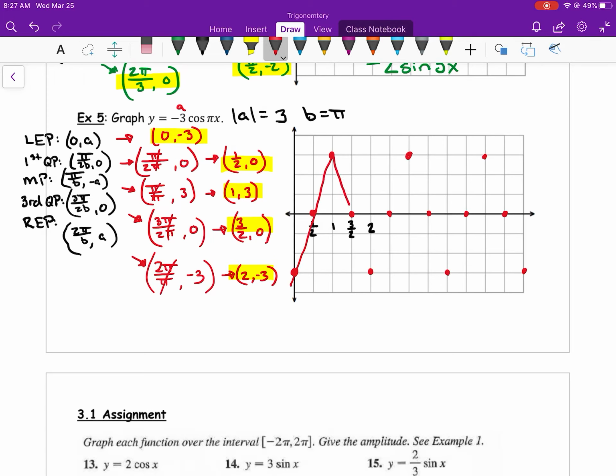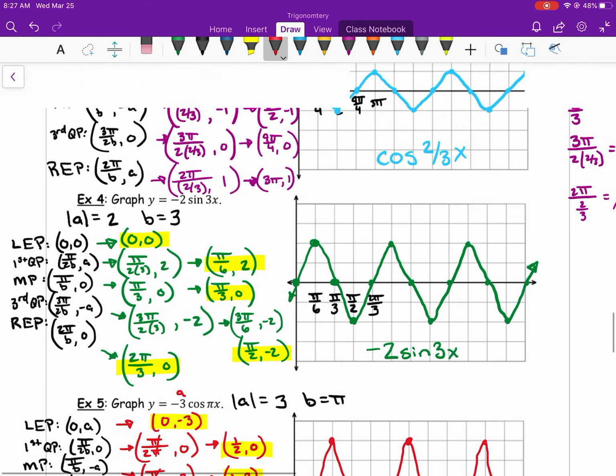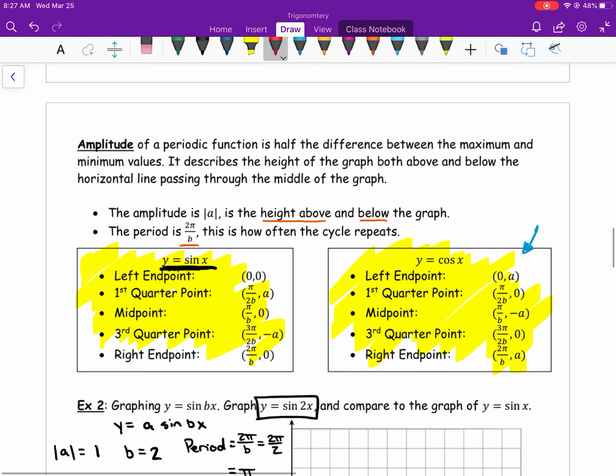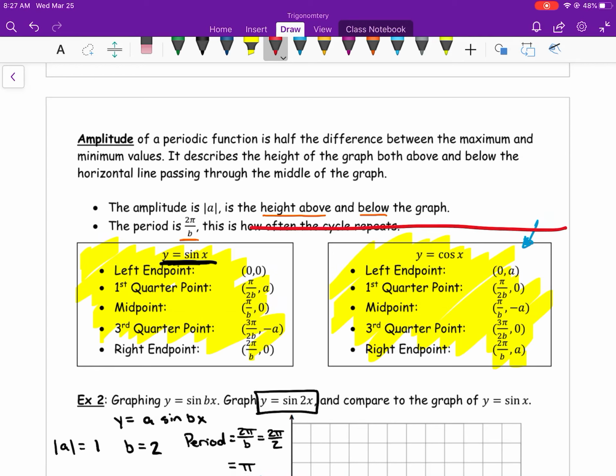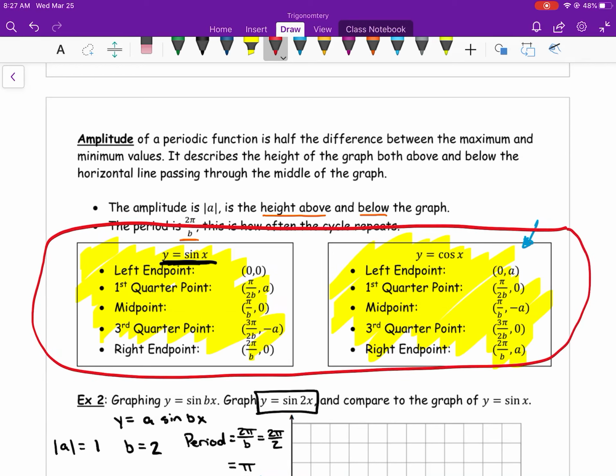Alright, so now we'll sketch our graph, sorry, it's not pretty. Okay, so this is our negative 3 cosine of pi x graph. Alright, so the big things to take from this, guys, if you just use, let me scroll up here, this right here, use this, and that will help.